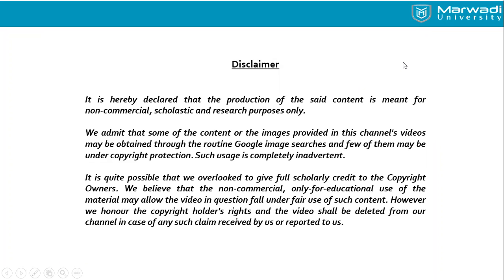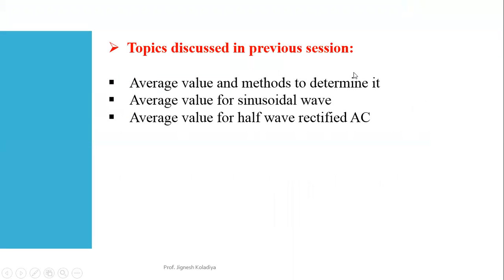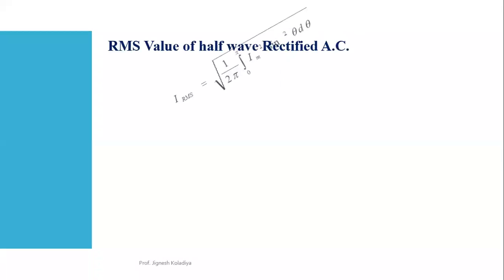In the previous session, we discussed the half wave rectified value, the RMS value of the half wave rectified waveform. Here I'm getting Im by 2. Then we started the average value.